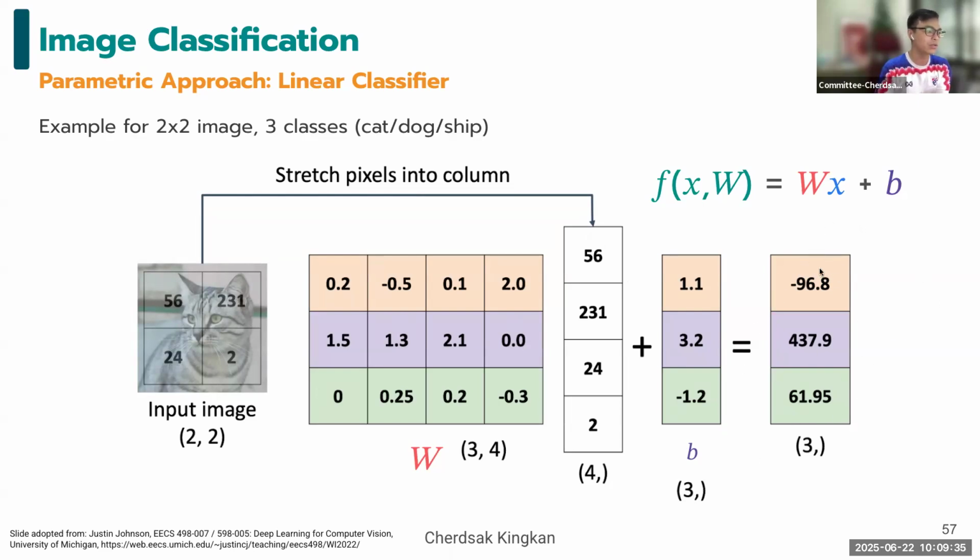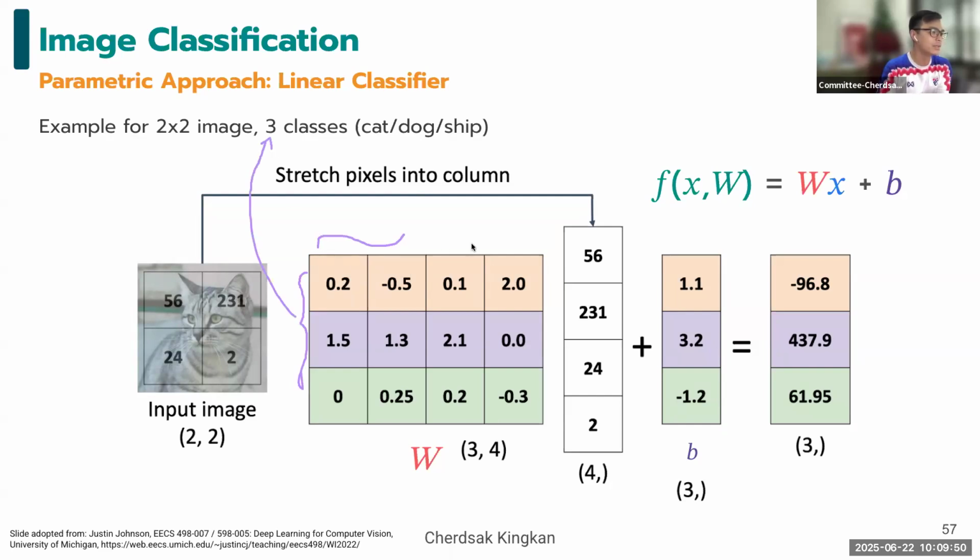So we get a score for each class. Let's say that we have 3 classes, cat, dog, and sheep, for example. The number of rows here will be equal to the number of classes.